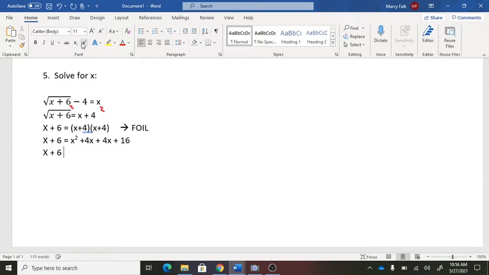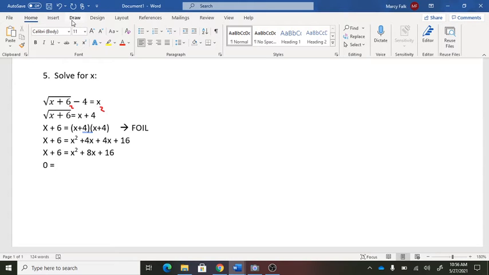So I'm just going to collect a few terms here. The 4x's can go together. When I get to this point, I think, well, if I have x squareds and I have x's, I need to algebraically have 0 on one side.